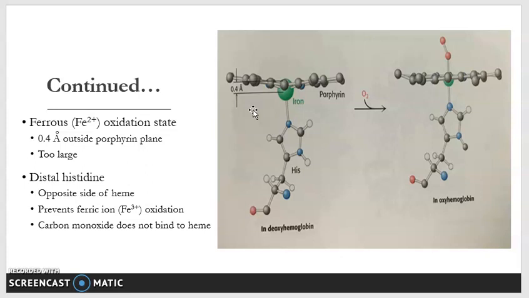And we also have a second histidine called the distal histidine, which is at the opposite side of the heme. So this is the distal histidine, and it prevents the oxidation of the heme iron to the ferric ion, which cannot bind oxygen, and also reduces the ability of carbon monoxide to bind to the heme.